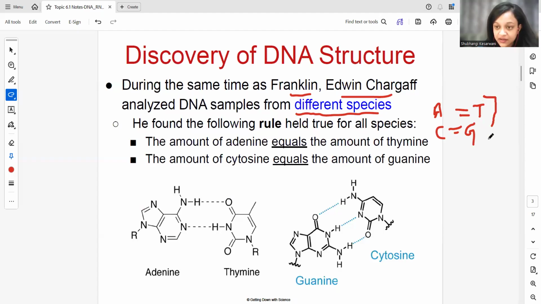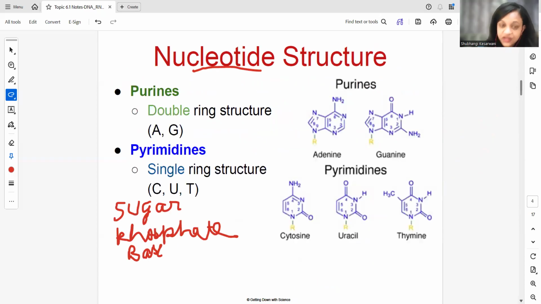These are nothing but the bases. So DNA is made up of nucleotides, and a nucleotide is made up of these three structures: sugar, phosphate, and base.